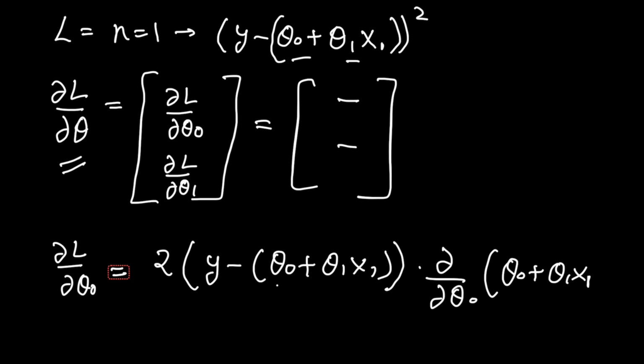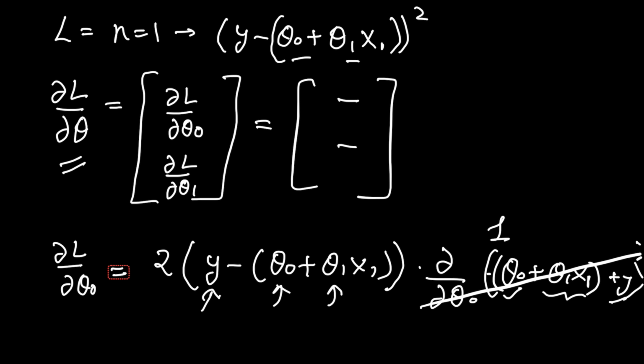That would be minus theta naught in here and plus y. It's just the chain rule. Now if you differentiate it, this is 1, this would be 0, this would be 0. So that means this entire term would go to 1. So you simply put the value of y, you take whatever your theta naught and theta 1 are right now, put in x1 and you get the gradient.